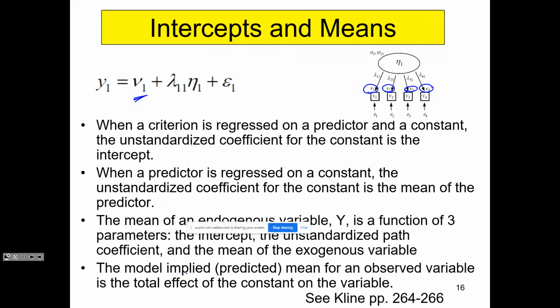Because the latent mean is 0, that is going to be on average across what I've got.